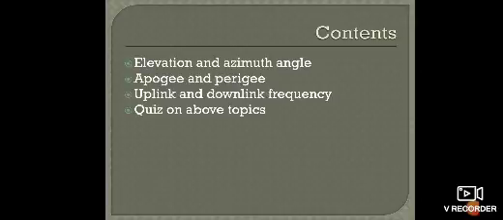A satellite is a revolving body which revolves around a larger body. Whenever we have satellites, we call it a microwave repeater link that revolves around the earth. It receives the signals from the transmitting earth station, amplifies them, down converts them, and sends these signals to the receiving earth stations.